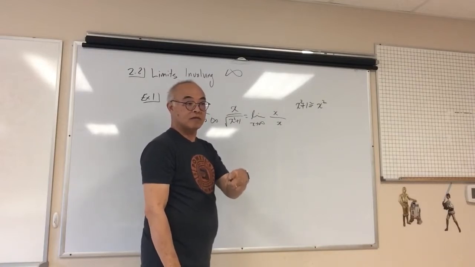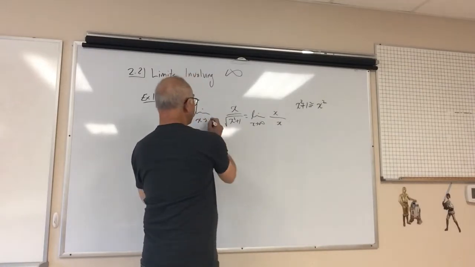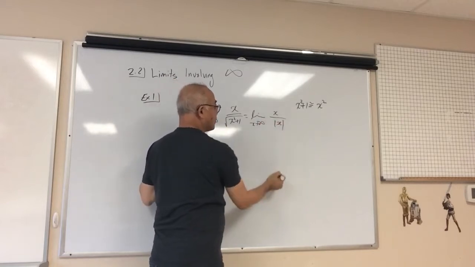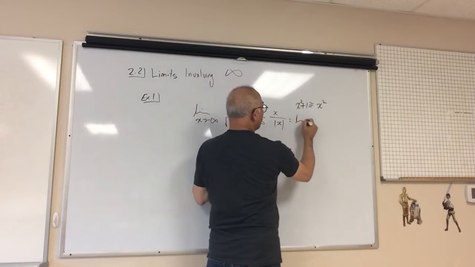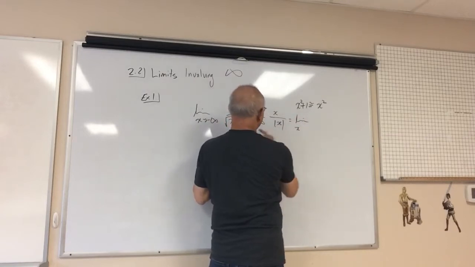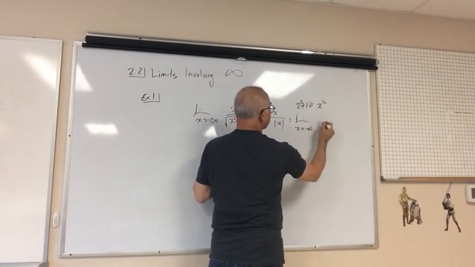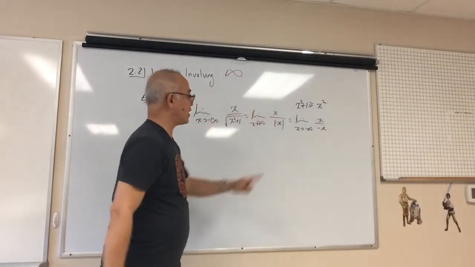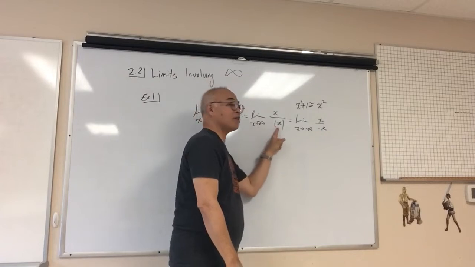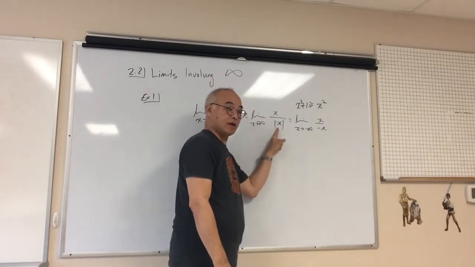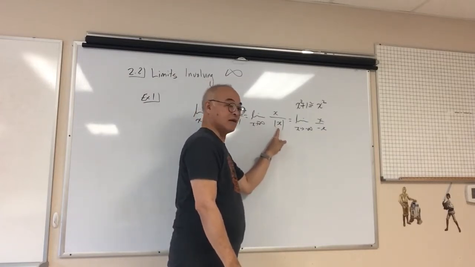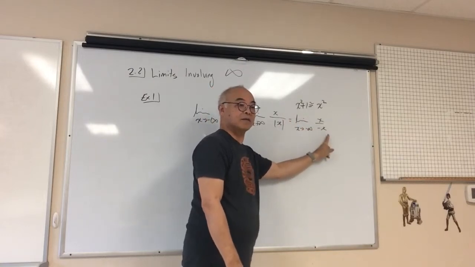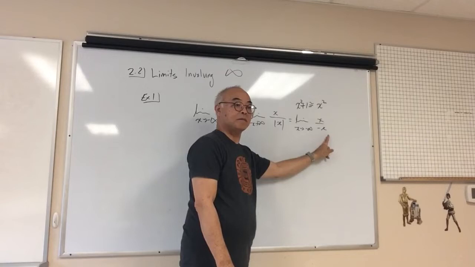When it goes to negative infinity, I still have this, but now the absolute value comes out not as x, but as negative x, because when x goes to negative a billion, the absolute value becomes a billion, which is negative x.